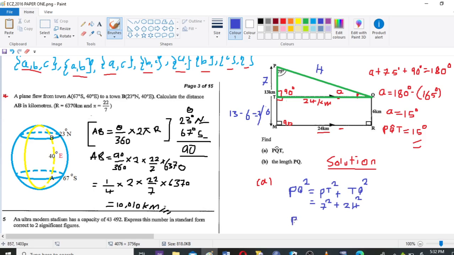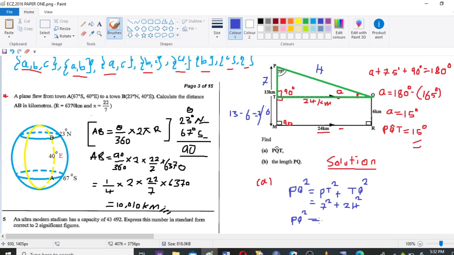PQ squared is equal to 24 squared, which gives you 576, and 7 squared, that's 49.